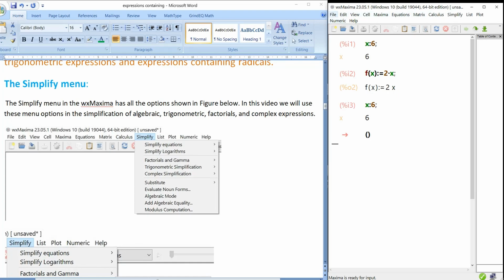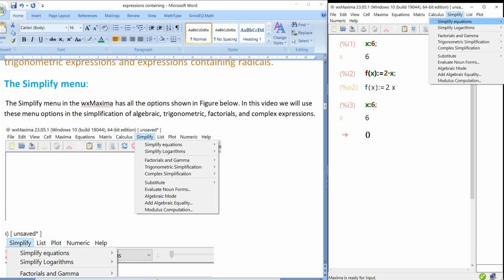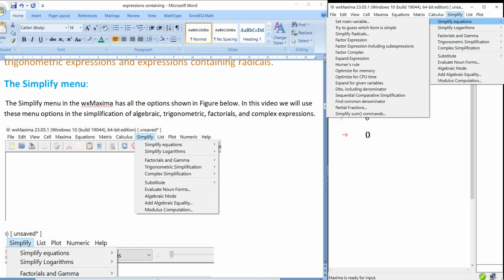You can see various tabs on the wxMaxima. You see, first tab is file, second tab is edit, third tab is view, then cell, then Maxima, equations, matrix, calculus, and here is the next tab, simplify. You click on the simplify tab. Okay, then you see further options.